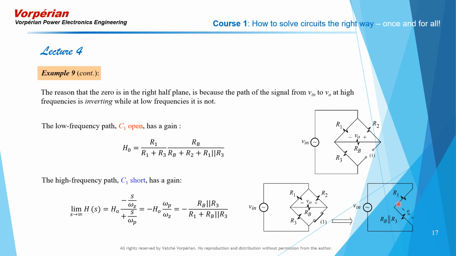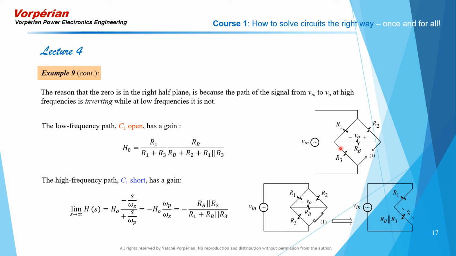And at very high frequencies, you have basically a voltage division between R1 and RB parallel R3, in which the polarity of V naught across RB parallel R3 appears inverted with respect to Vin. The positive end of it comes to the return end.